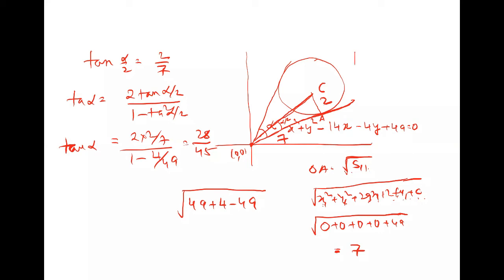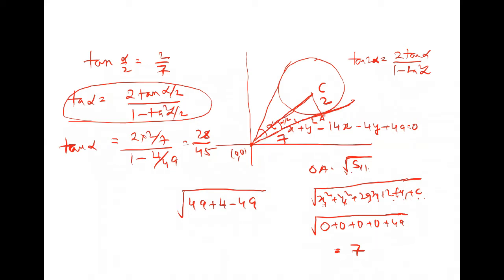Tan 2 alpha is 2 tan alpha upon 1 minus tan square alpha. Diagram once again. This is a circle. From the center, you drop the two tangents.